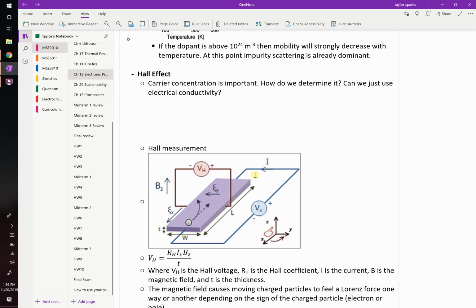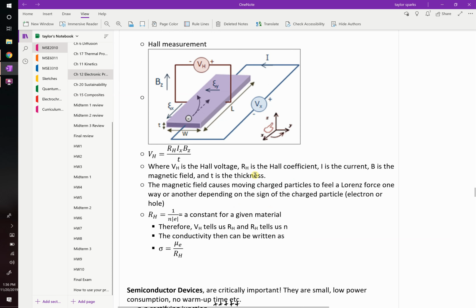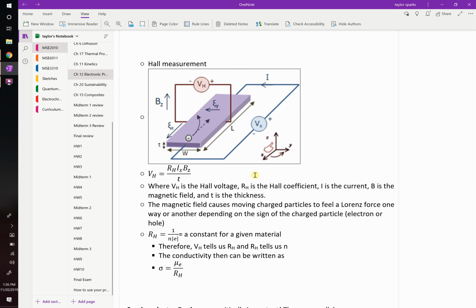So this voltage that you measure is called the Hall voltage. And from the magnitude of that Hall voltage, you can calculate the number of carriers that must have drifted to one side over the other, right? So here's the math for it. The Hall voltage is equal to the Hall coefficient, R sub H, that's this guy right here, R sub H, times the current, times the magnetic field, divided by the thickness t.